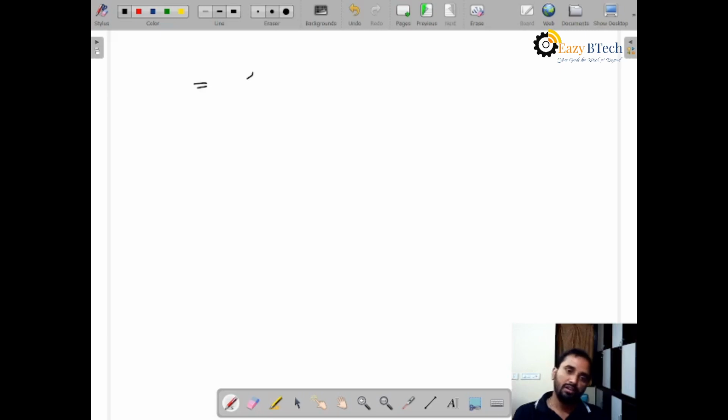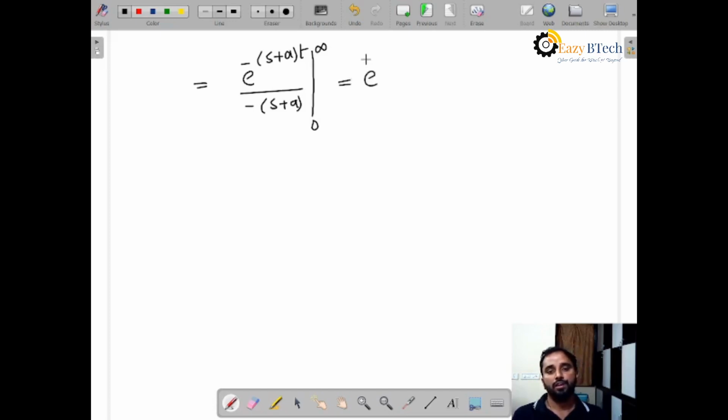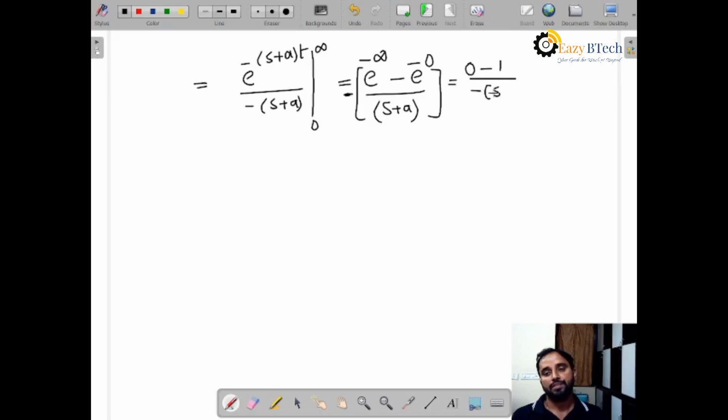So integral of e power minus (s plus a)t divided by minus of (s plus a), and here the limits are 0 to infinity, which is equal to, after substituting limits, e power minus infinity minus e power minus 0, divided by minus of (s plus a). E power minus infinity is 0, so we have minus 1 by minus of (s plus a).